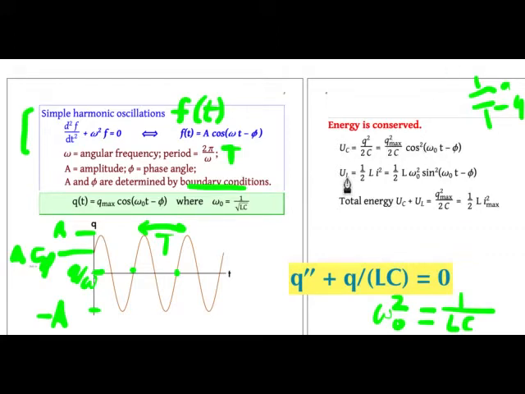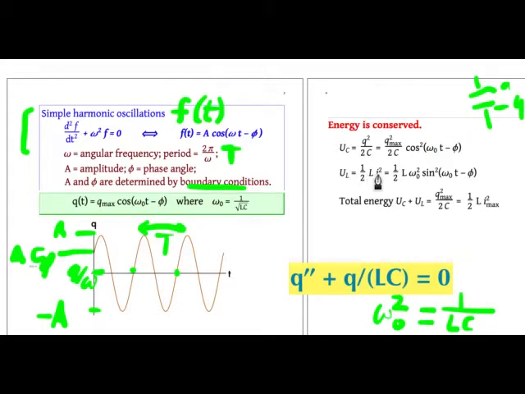As for the inductor, from last week, the energy in an inductor is 1/2 L i squared. Now, i is dQ/dt, so if I differentiate the cosine, I'll get minus a sine times omega 0 by the chain rule. So I'll have here, when I square it, omega 0 squared Q max squared sine squared of omega 0 t minus phi. I think I have a mistake here.